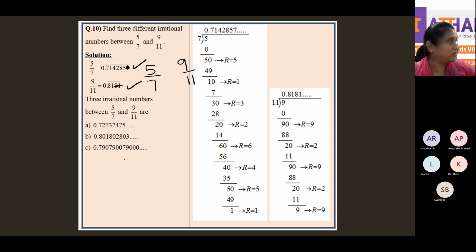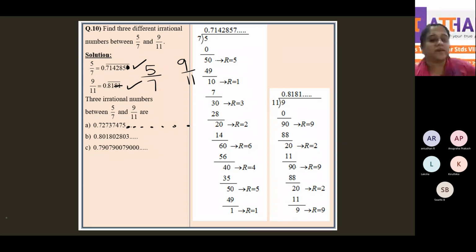Make sure it is irrational, not rational. So you should put the dots, and also there should be no pattern. Non-terminating, non-repeating. Understood all of you?